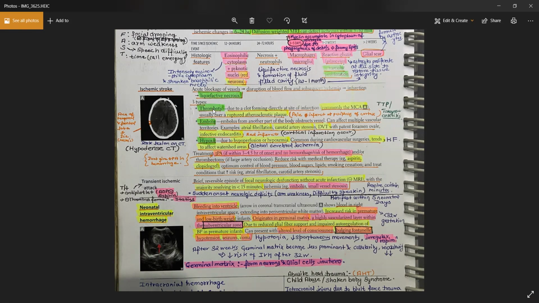The thrombotic type of stroke can happen whenever an atherosclerotic plaque present in your brain vessels gets ruptured and forms a thrombus there. As a result, the blood supply from that complete branch will be lost, and that area of the brain will die. The most common location is the middle cerebral artery.